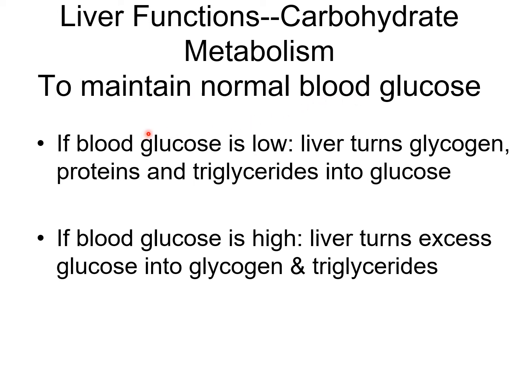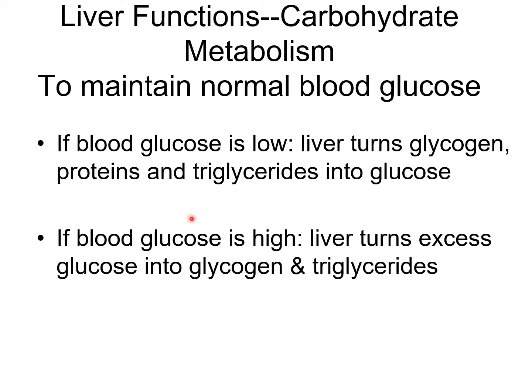If blood glucose is low, the liver will be using the stored glycogen, proteins and triglycerides, and we'll see how you can turn protein into glucose in chapter 25. But under the command of glucagon, glucose production starts from the liver.